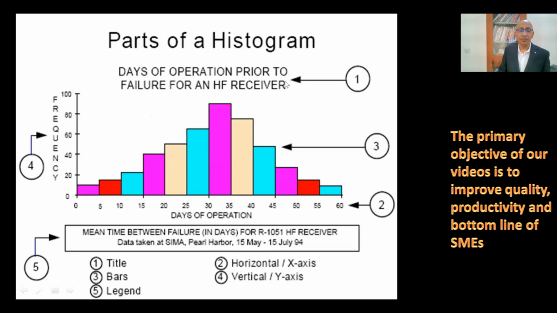So days of operation हम लोग प्लॉट कर रहे हैं in the x-axis और frequency हम लोग प्लॉट कर रहे हैं on the y-axis. Okay, so failure के पहले कितने दिन ये receiver काम किया, इसके ऊपर हमारा data collect किया गया था और वो data को हम लोग कुछ interval में बांट दिया। फिर किसी एक particular interval में कितनी frequency है उसको हम column के द्वारा दिखा रहे हैं, right. So that is how we are able to get a histogram.